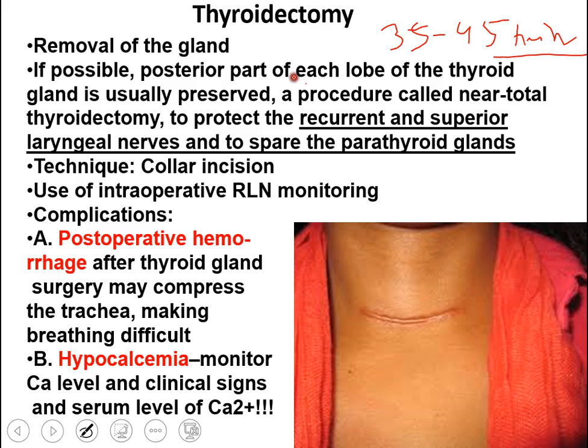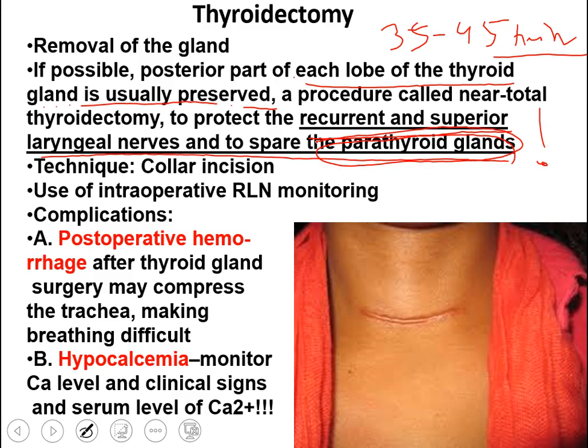First, to protect the recurrent laryngeal and superior laryngeal nerves from injury. Second is to spare the parathyroid glands. Parathyroid, not parotid.